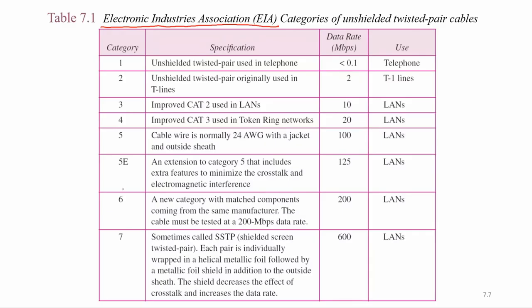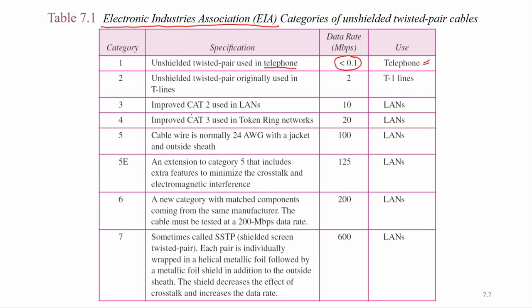So these are the 8 different categories. Category 1 is the unshielded twisted pair used in telephones. It has a data rate of less than 0.1 Mbps.